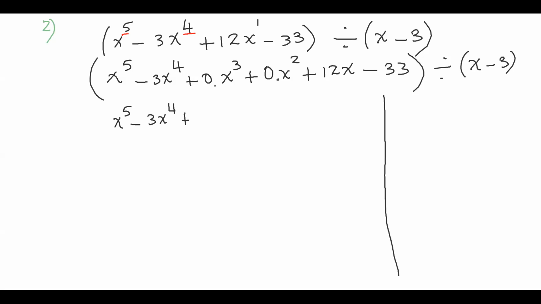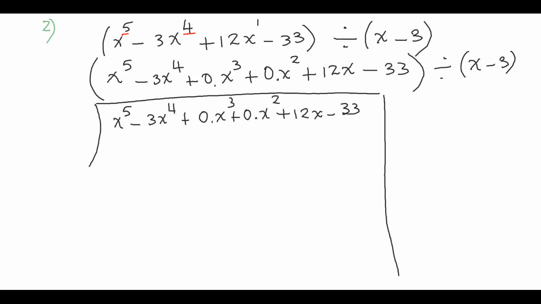So I'm just going to put 0 times x to the power 3. Then divide by x minus 3.